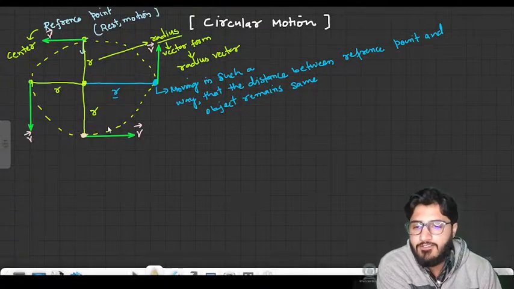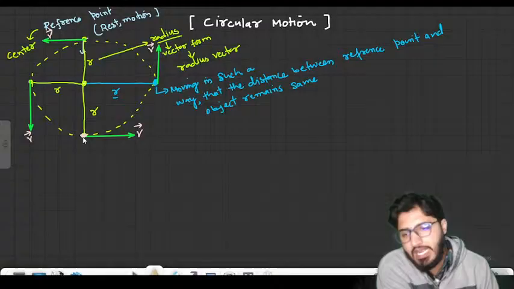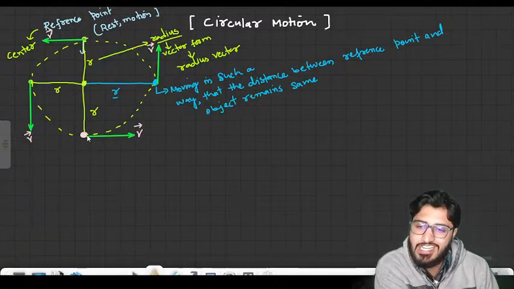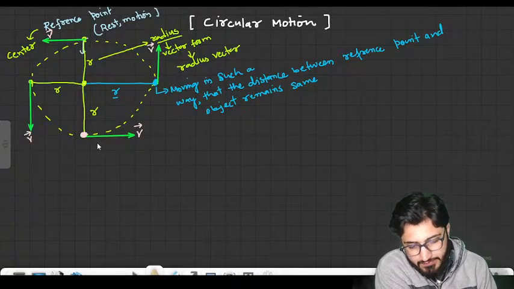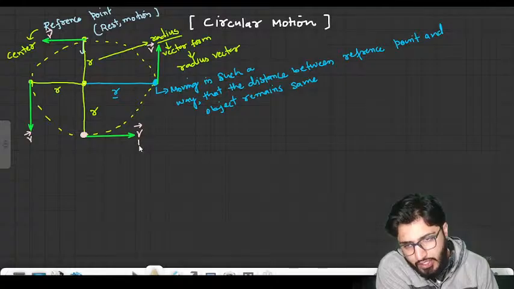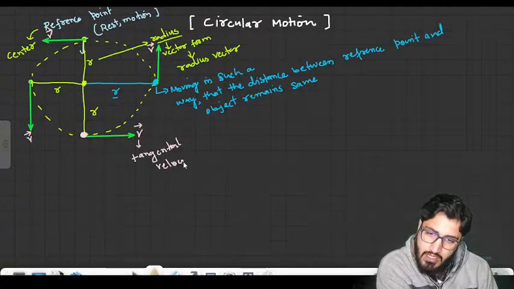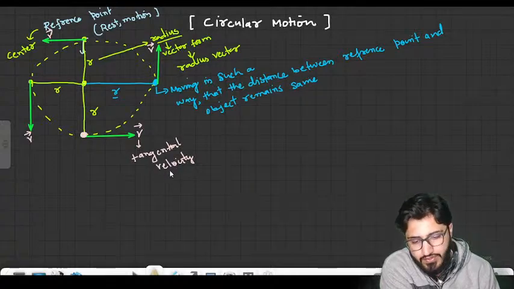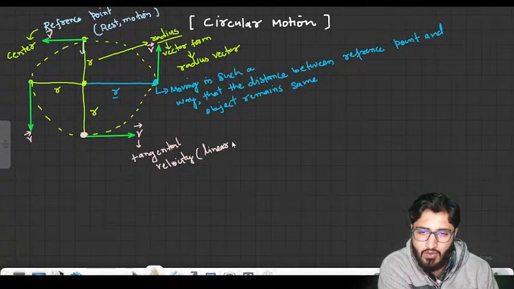That means to get the direction of velocity at this point, we have to make a tangent to it. This is known as tangential velocity, a linear velocity.